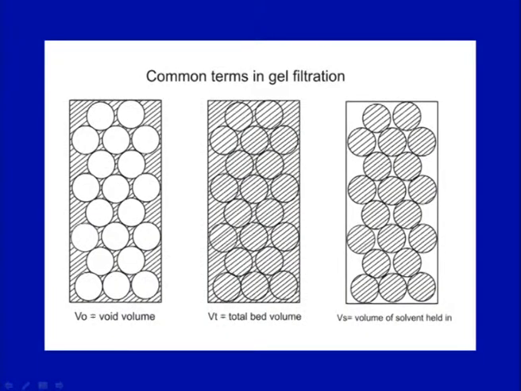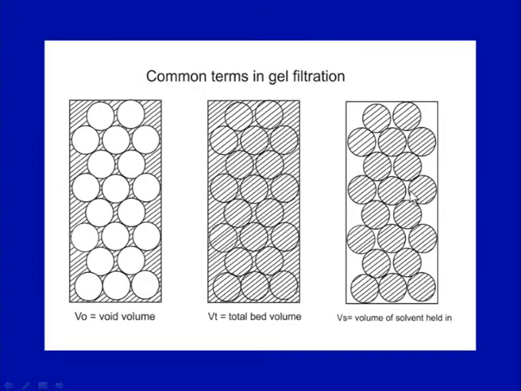Now, if I have to say what the different terms in columns are, if you see the shaded part here, this is called the void volume. It is the volume outside the support matrix. This is the total volume, taking both the volume occupied outside the beads and inside the beads, that is the total bed volume.